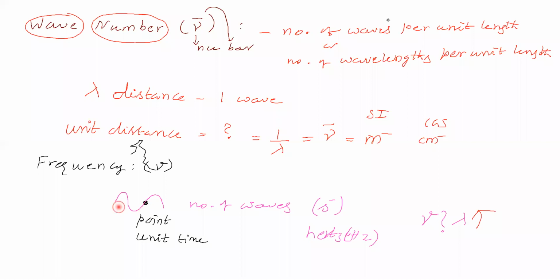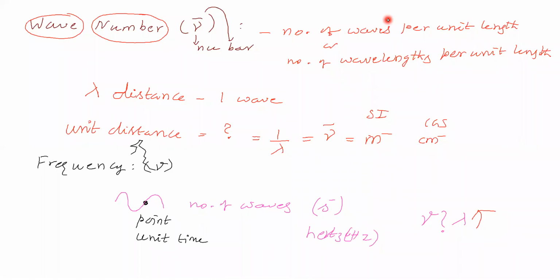If wavelength is higher, one wave will cross the point by taking more time, isn't it? If the distance of a wave is high, then the wave takes more time to cross the point. Therefore, what happens to the number of waves crossing a point per unit time?